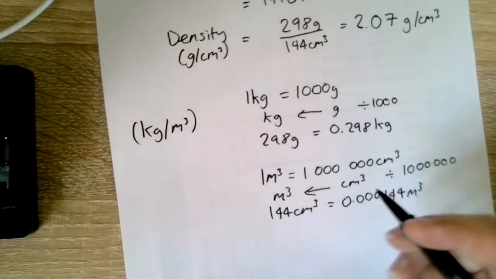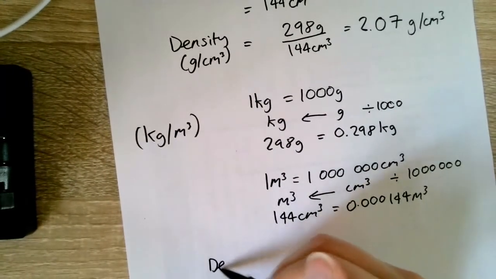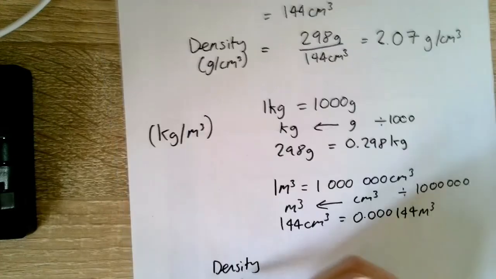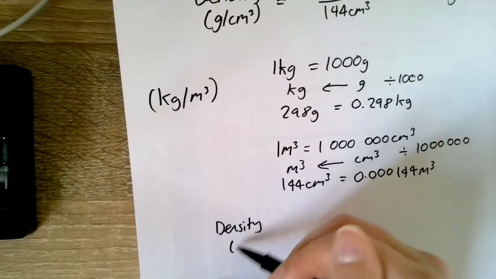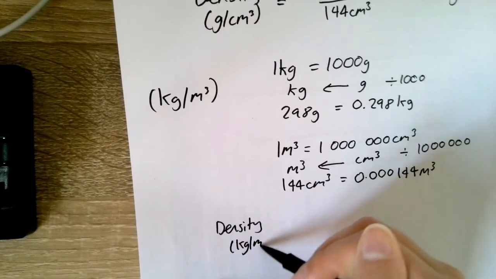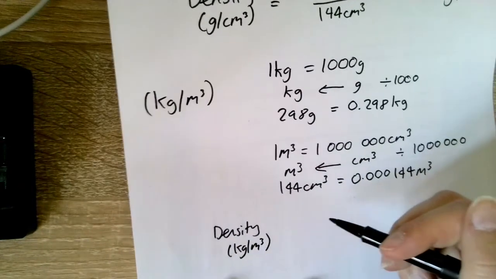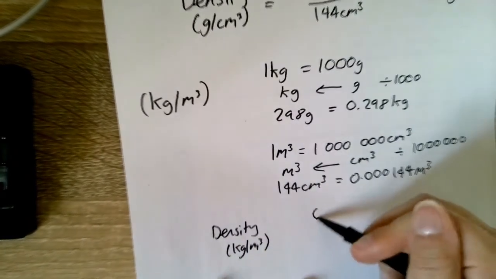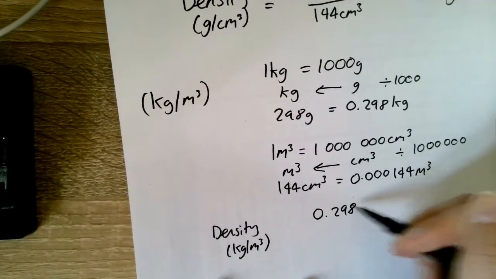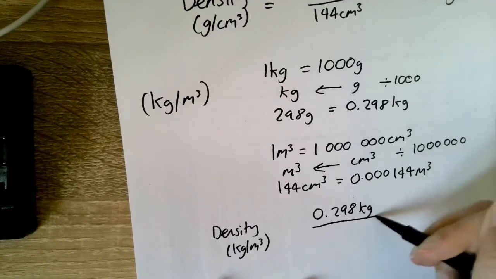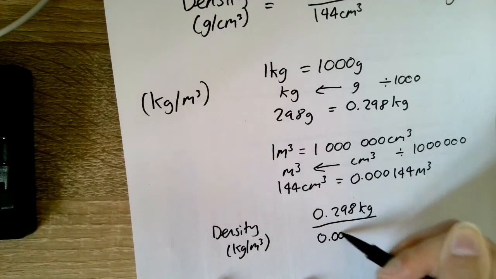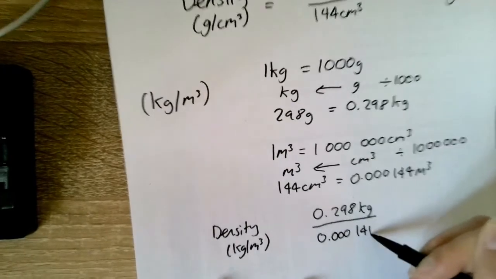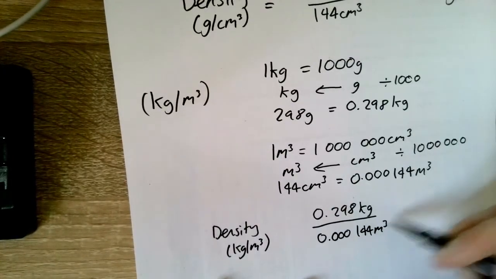And so our density in kilograms per metre cubed is going to be 0.298 kilograms divided by 0.0000144 metres cubed.